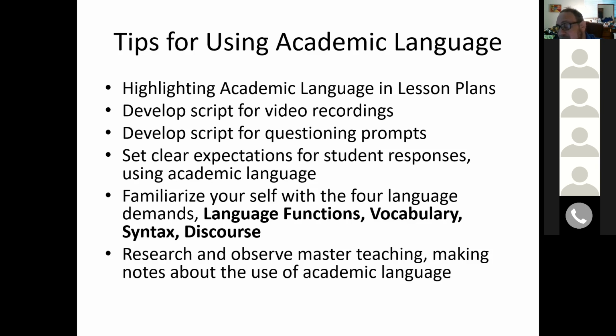Yes, for the special ed students, I know we go by their IEP goals to write objectives, but how about if some of them also are ELL students? Do we need to add that extra language objective for them in the EdTPA as well? I would, yeah. I would.